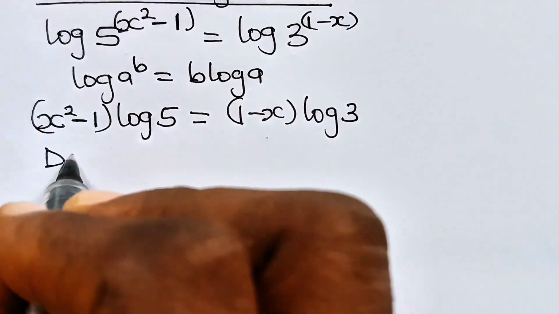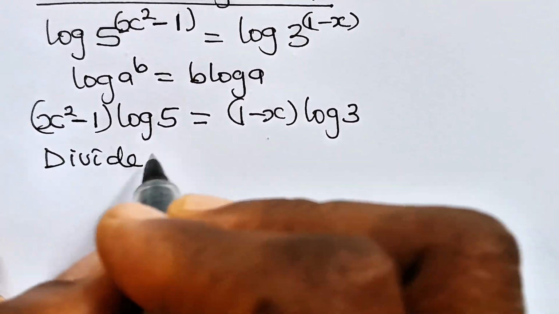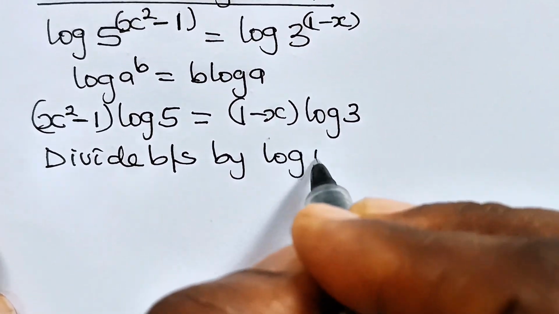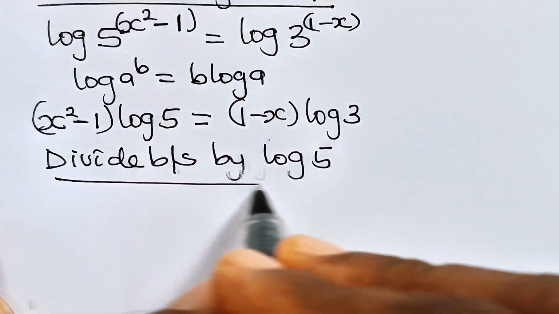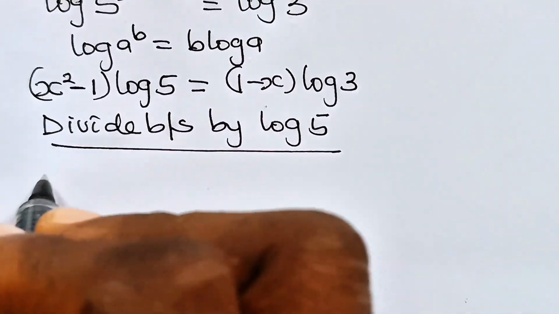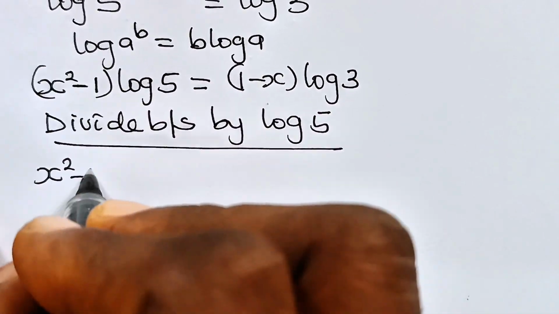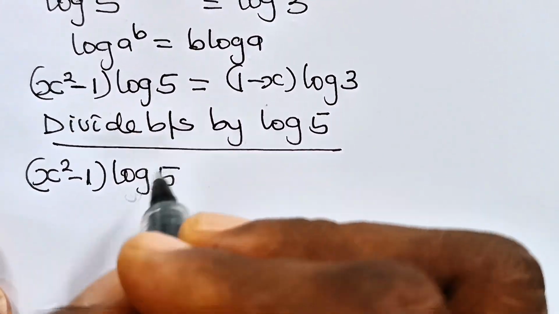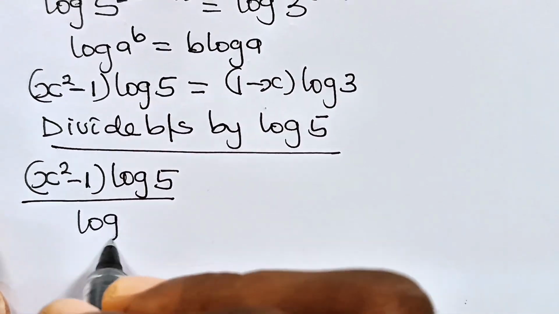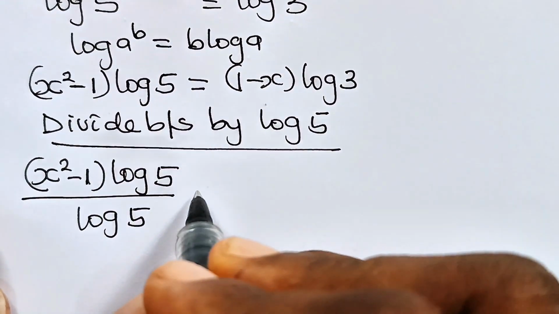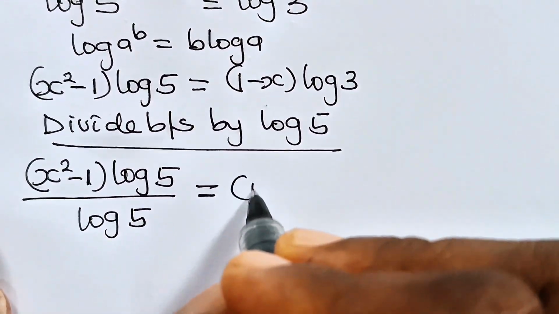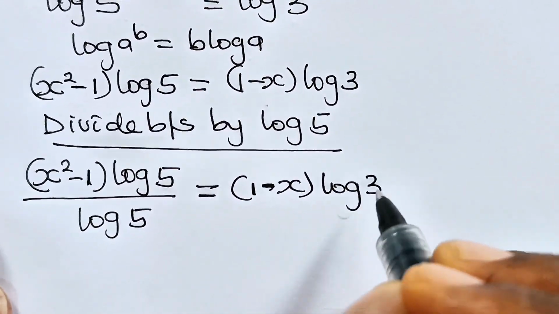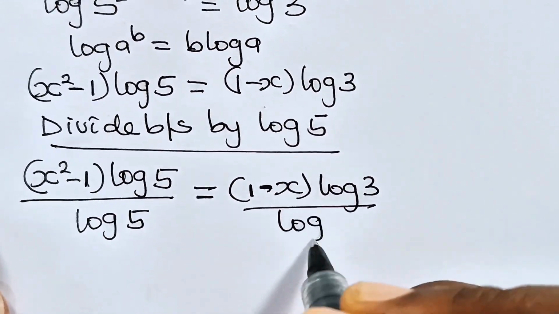Now let us divide both sides by log 5. If we do that, we have x squared minus 1 times log 5 divided by log 5 is equal to 1 minus x times log 3 divided by log 5.